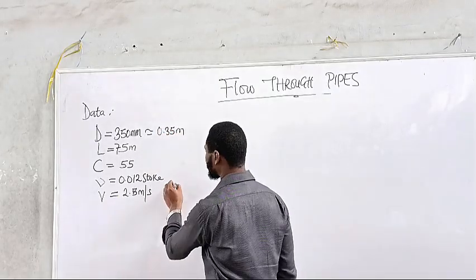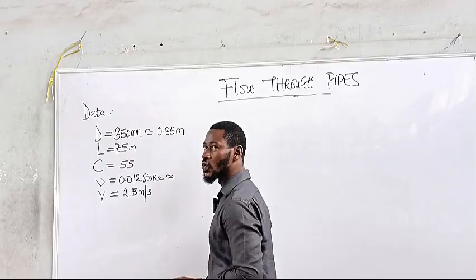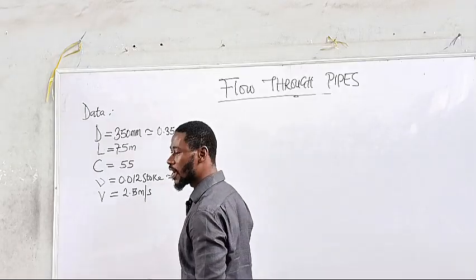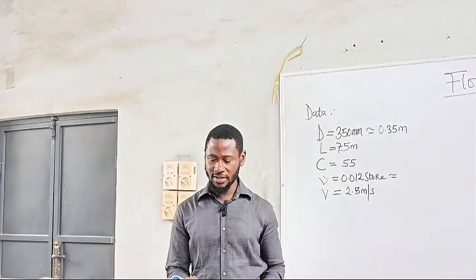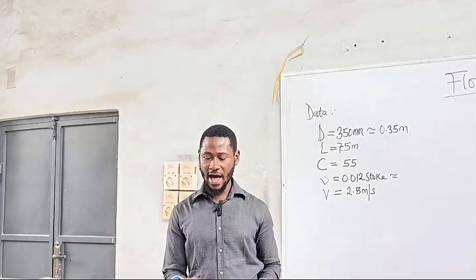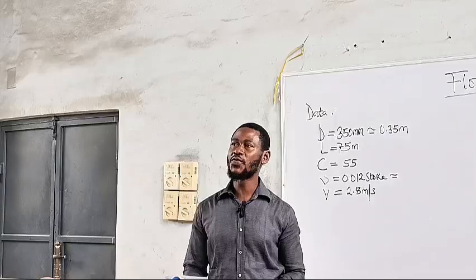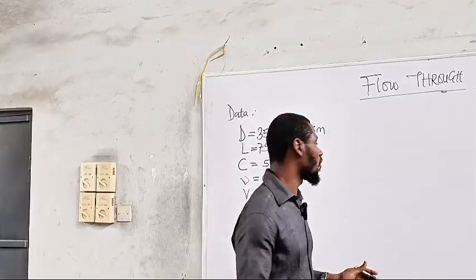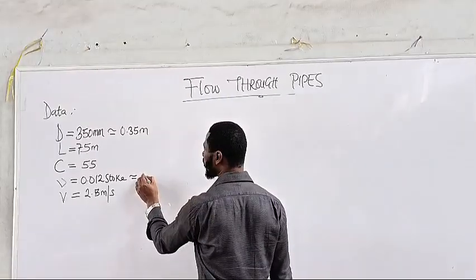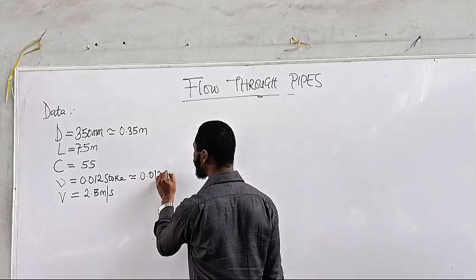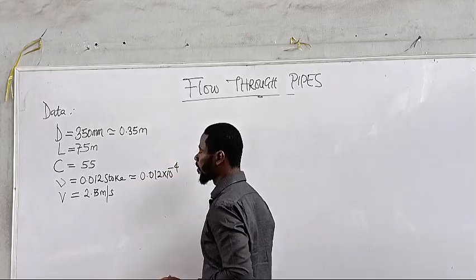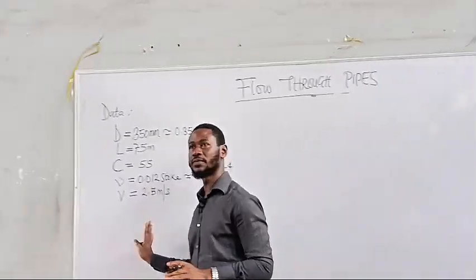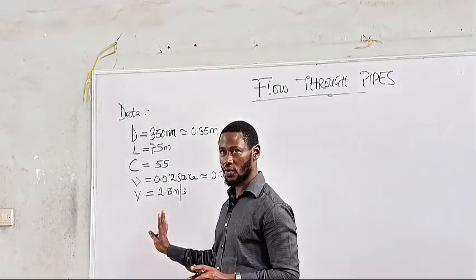Stokes: we convert Stokes to meter square per second. When converting this, you divide it by 10 raised to the power of 4, so it becomes 0.12 times 10 raised to the power of minus 4. The velocity is okay. The SI unit of velocity is okay.